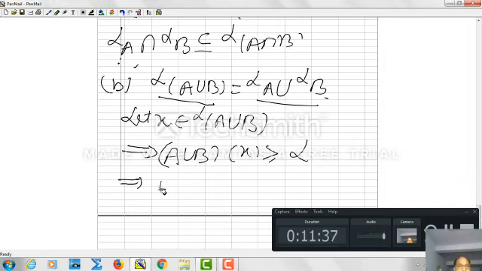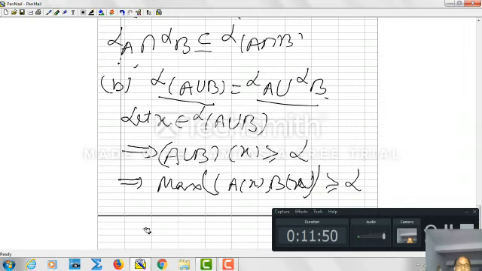It means by definition again the maximum of A(x), B(x) is greater than or equal to alpha. So the maximum of this implies either this is greater than or equal to alpha or this is greater than or equal to alpha. So A(x) is greater than or equal to alpha due to this maximum, or B(x) is greater than or equal to alpha.